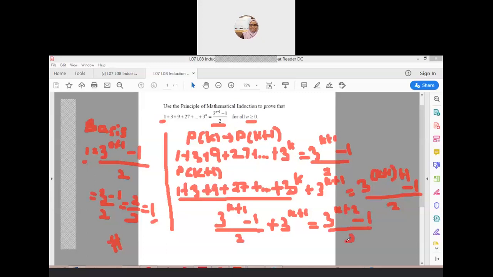Okay, just simplify this equation. Now this is the challenge, which is we have to prove the left hand side is equal to the right hand side, to make it simplify and be the same as this.